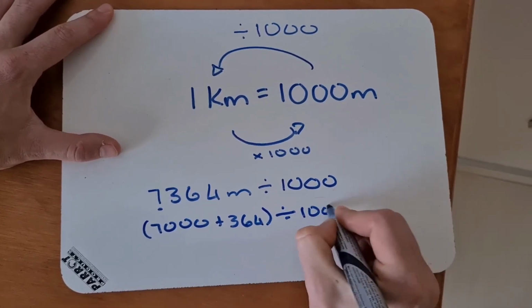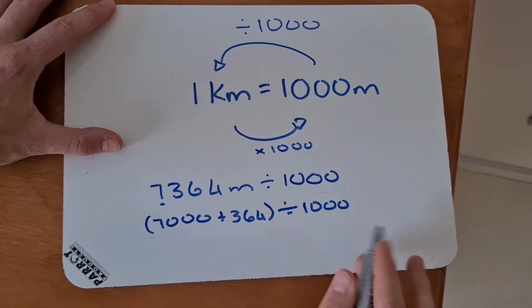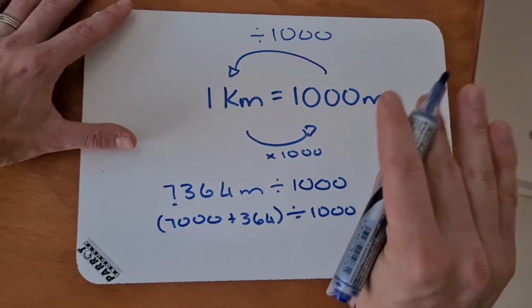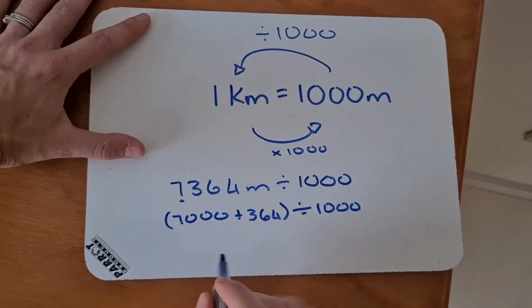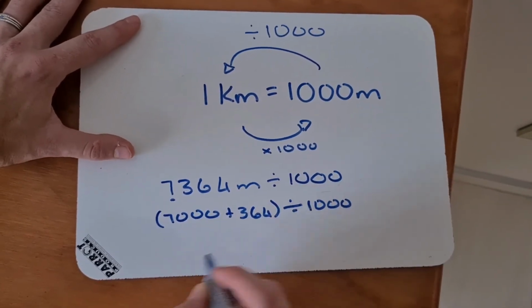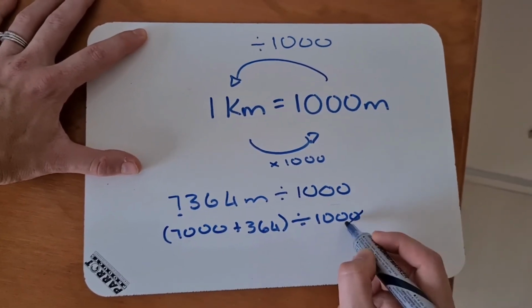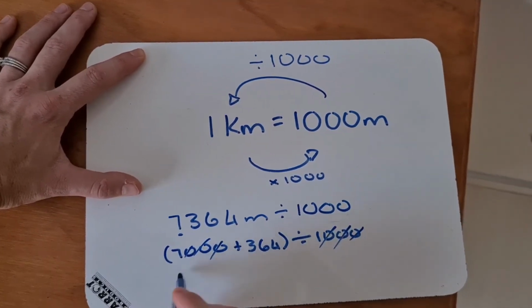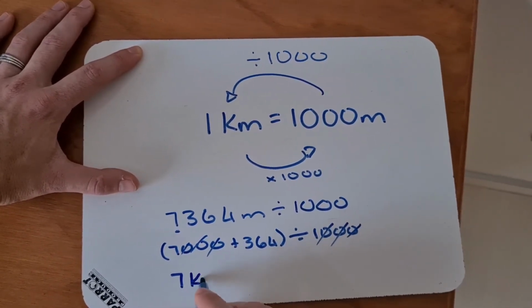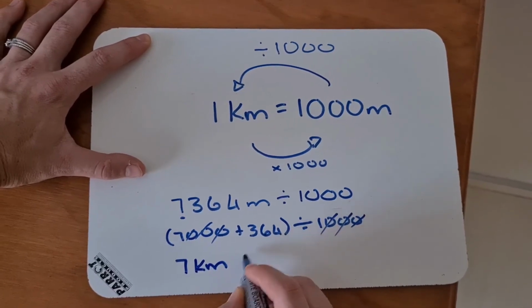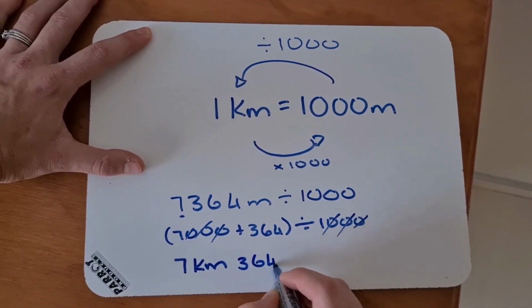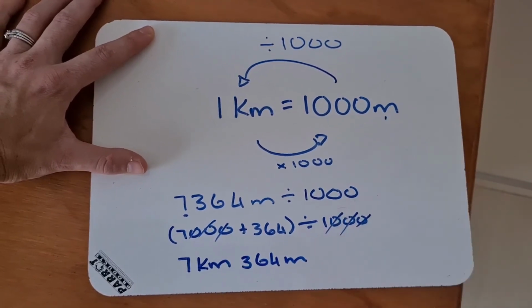Now we say divide. And I'd love to see this working out in your book if you are going to be doing these sums, or even if you just do it on the side or on a piece of paper. You must send me this so I can see that you're breaking your sums down and making this super easy for yourself. 1, 2, 3. And there they go. And I end up with 7 kilometers. And how many meters? 364 meters were left over.